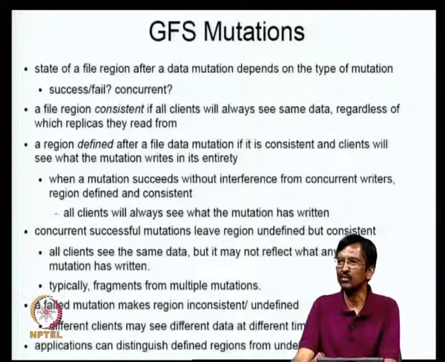That is, all the clients see the same stuff, but they do not see the write in its complete entirety. It will be interspersed. All clients see the same data, but it may not reflect what any one mutation has written, typically fragments from multiple mutations.